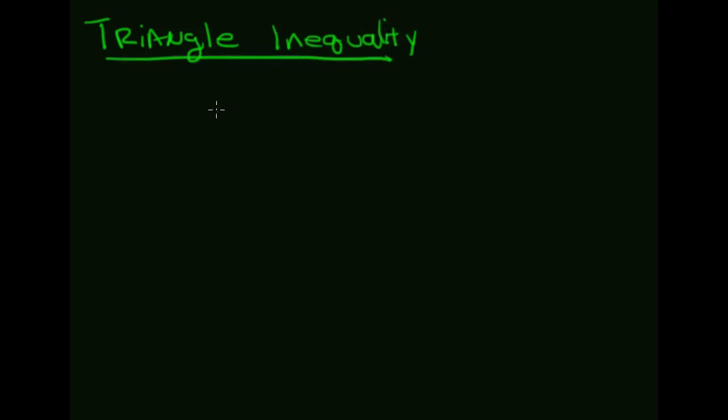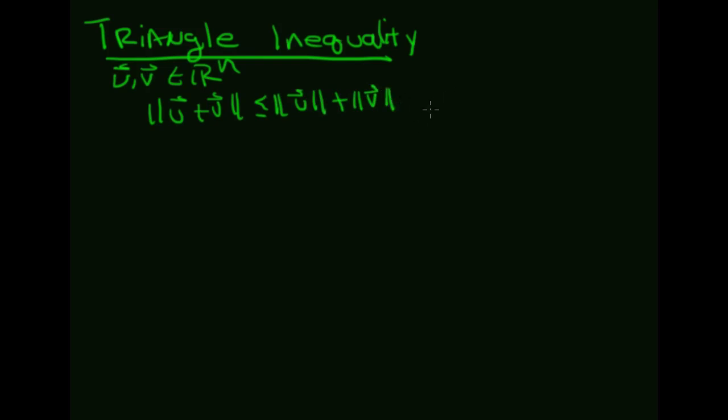The triangle inequality says that if I have a vector u and a vector v in Rn, then the magnitude of u plus v is less than or equal to the magnitude of u plus the magnitude of v. This can also be called a statement of subadditivity, but for Rn, we're just going to call it the triangle inequality.